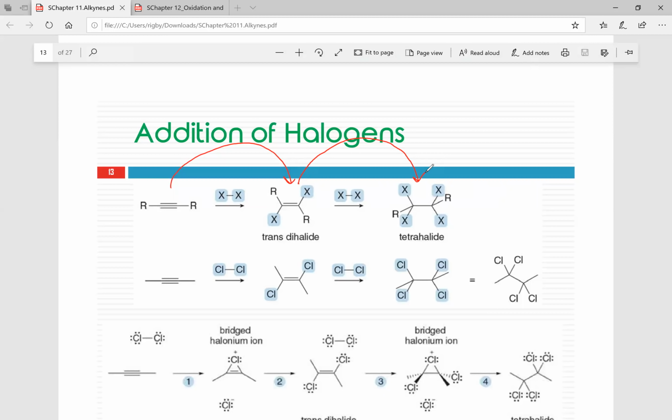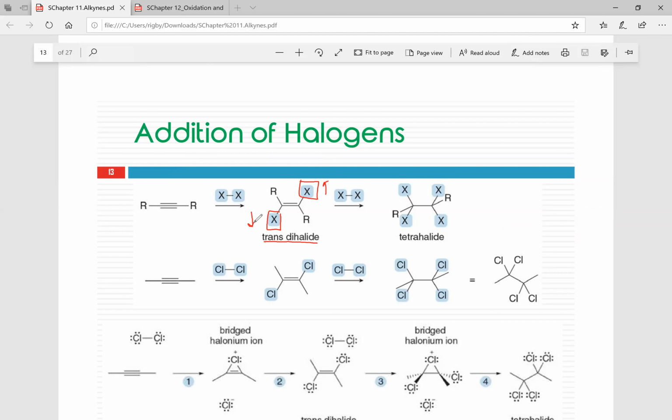And what's important to note here is that we're getting a trans dihalide. Note here how we're saying trans and not E or Z. And the reason why we're saying trans is because we're adding 2 of the same thing in opposite directions, I guess. So like this one would be up, this one would be down.